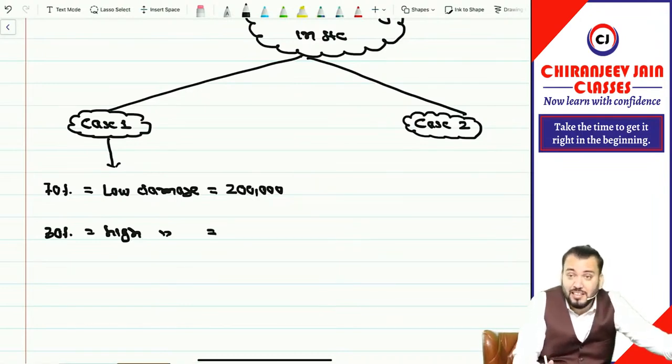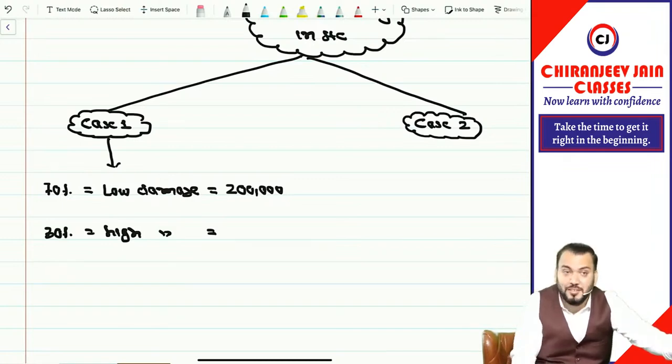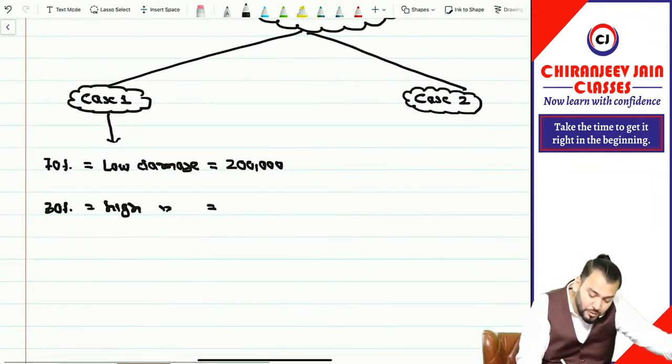That means if the case is decided against the company, this much compensation is payable. Suppose it is 10 lakh.